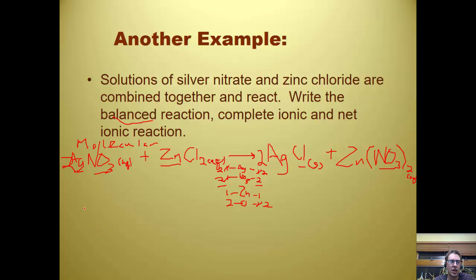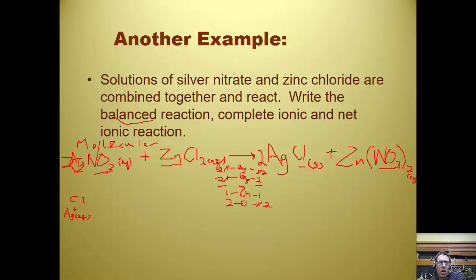Let's do the complete ionic. I'm going to shorten it to CI for short. So, let's break this down. It's aqueous. So we know we have Ag plus aqueous.